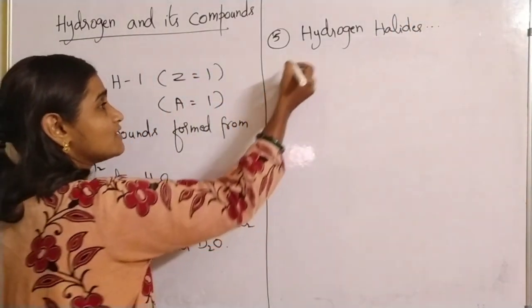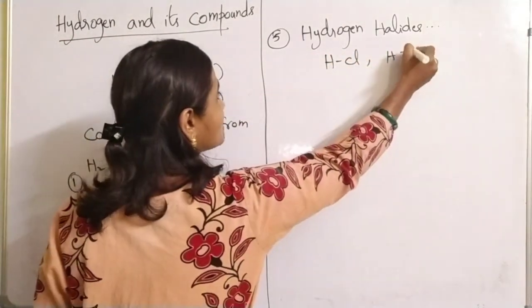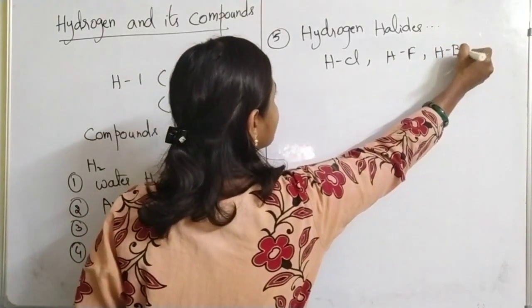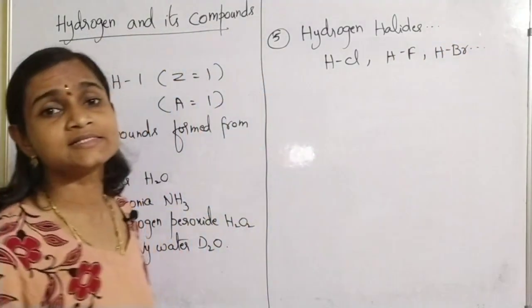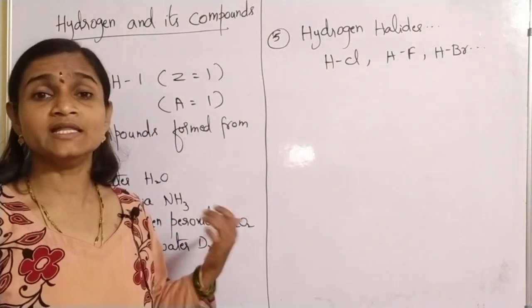Hydrogen halides like what? HCl, HF, HBr, all of these come under hydrogen halides. So all these compounds are discussed in this lesson.